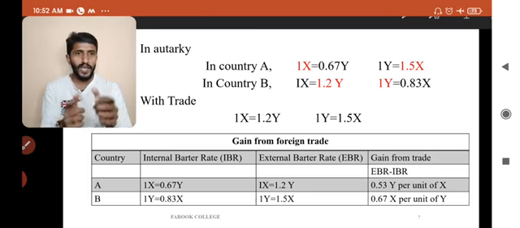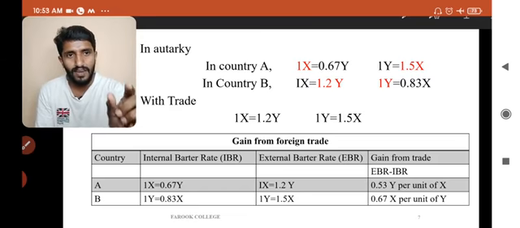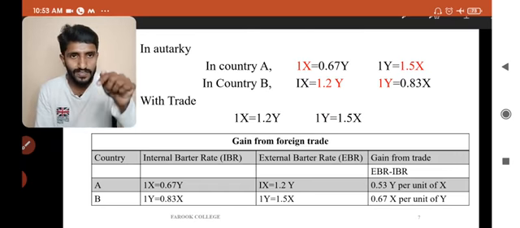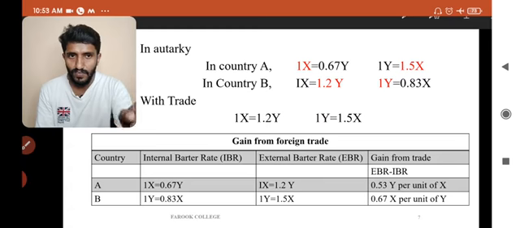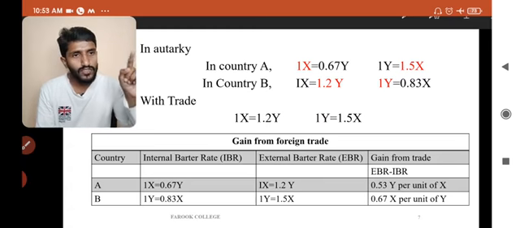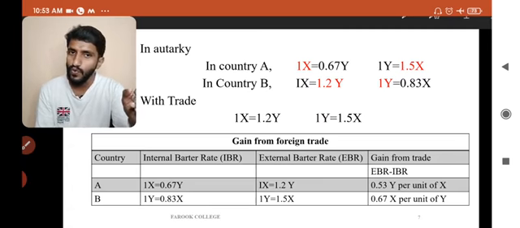So this also can be seen here, gain from the foreign trade, if it is internal barter rate, IBR. Internal barter rate means the exchange of goods and services in the same country. Then 1X is equal to 0.67Y. But for the external barter rate, it will be 1X is equal to 1.2Y.